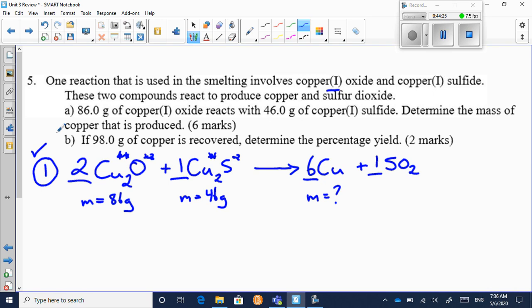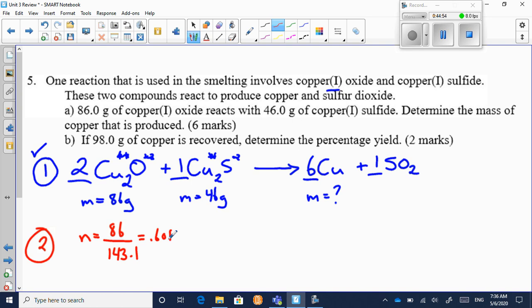We've written the balanced equation, and we've written what we've been given. My step number 2 is to convert to moles. So n is equal to 86 divided by the molar mass of copper 1 oxide, which I've already calculated as 143.1, and when I do that, I get 0.601.